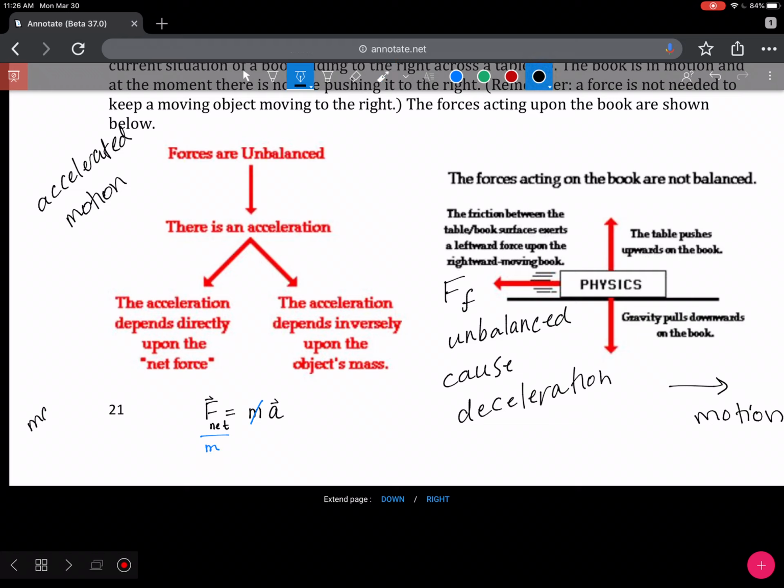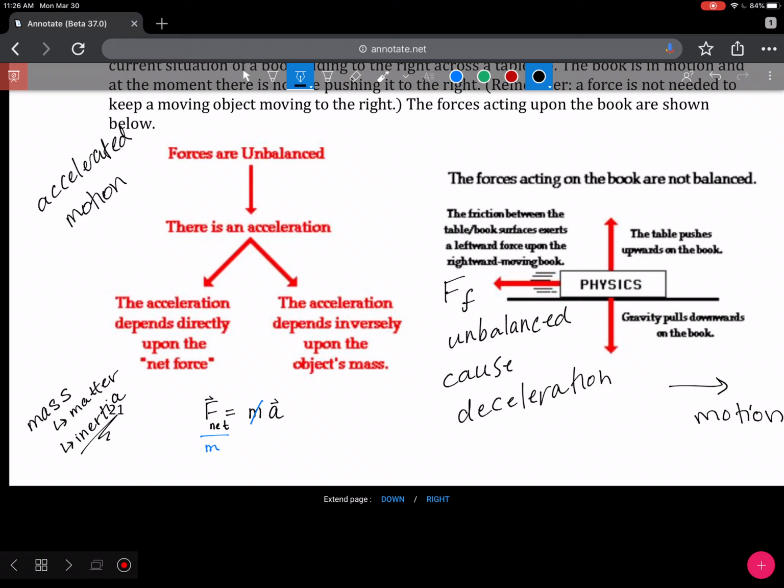And mass can be quantified in different ways in Newtonian physics. One way to look at it is the amount of matter that an object possesses. And in physics, we'll use this word called inertia. They go over inertia in your workbook. Inertia is this tendency to resist the change in motion.